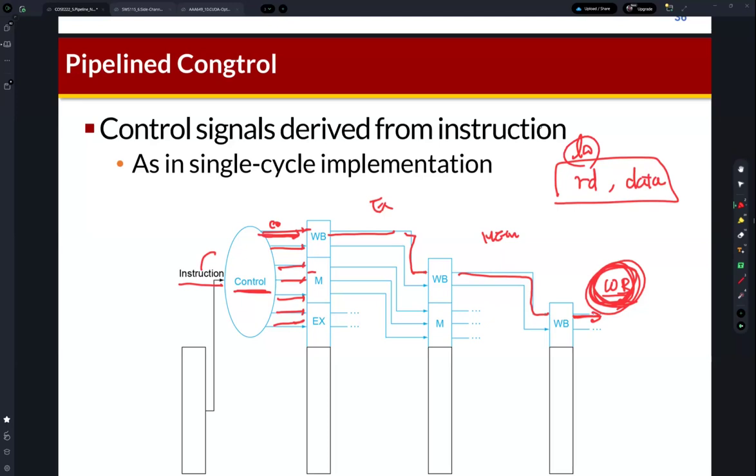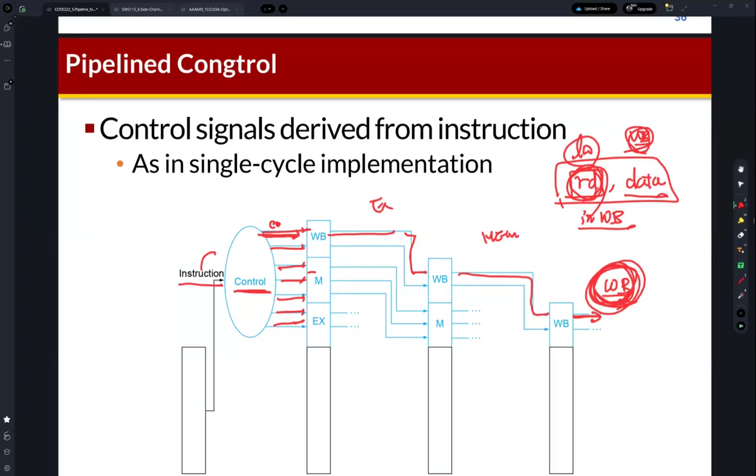The data is written back to the register file when an instruction is in the write back stage. So I mentioned that we need to align the timing of data and this RD, right? So we use the RD in the write back stage because this RD is used when an instruction is in the write back stage, right?